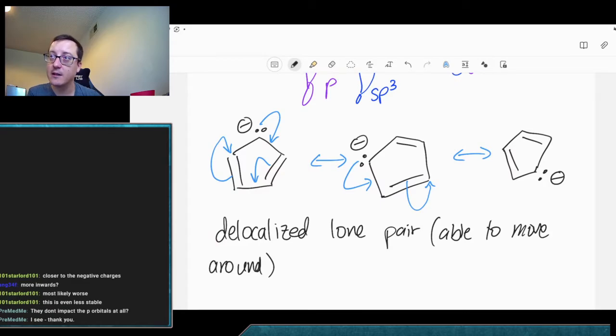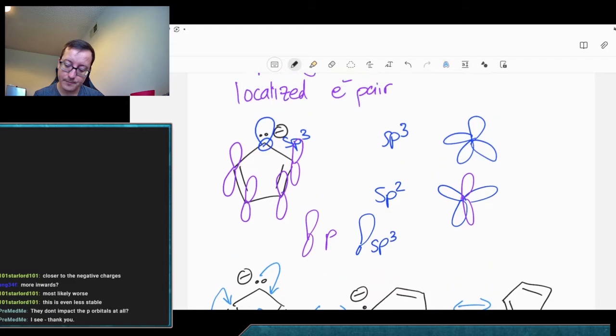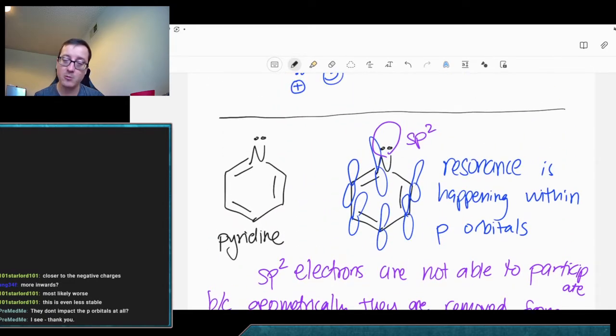So that lone pair is delocalized because it's in an orbital that is pointing in the same direction as the p orbitals that are available to us for resonating. Whereas with the pyridine, previously that one was pointing perpendicularly to the orbitals. There was not any overlap there that we could have.